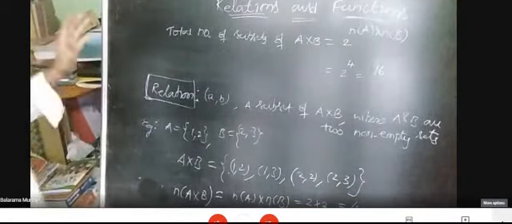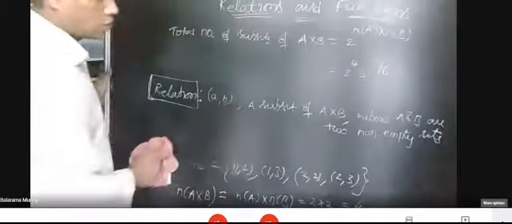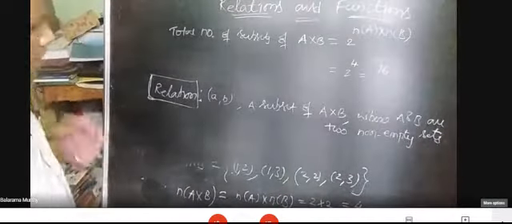Any relation is any subset. So, how many relations are possible?